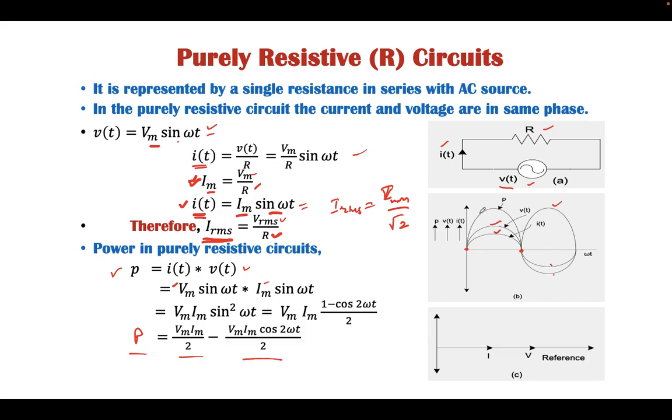Here we can say power varies in this way in the positive cycle, whereas in the negative cycle it will vary in this way. Though in the AC supply the power varies from minimum to maximum, we take the average of this function from 0 to pi and then pi to 2 pi, because the average value between 0 to pi will be the same as that taken from pi to 2 pi.